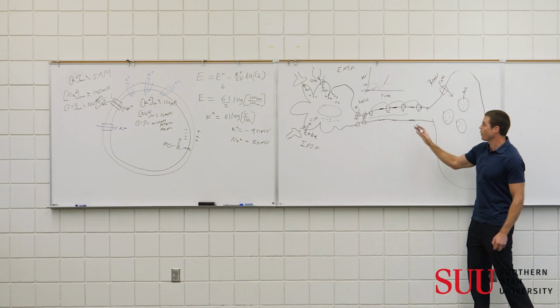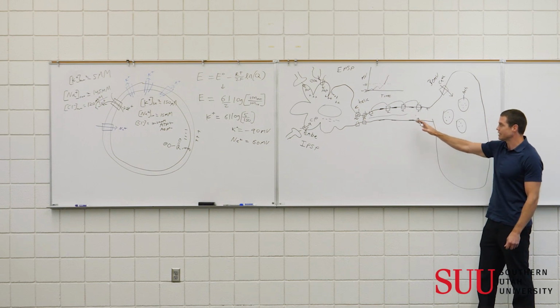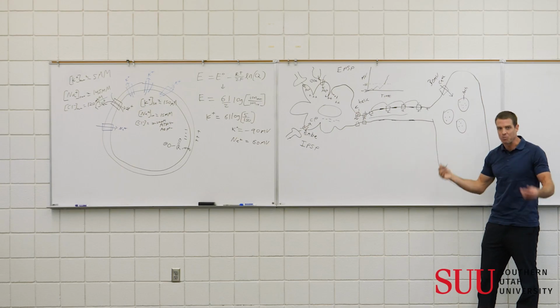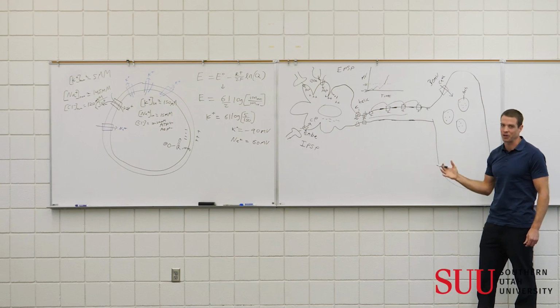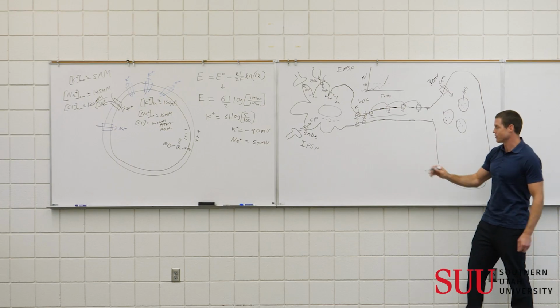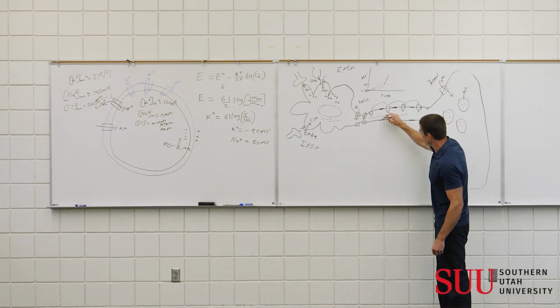But now I want you to understand, once we did this propagation, the action potential, now what do we need to do? We need to repolarize the cell. We need to get it back to where it was. And the way it does that is, as we talked about, with the potassium channel. So this cell also has potassium channels.